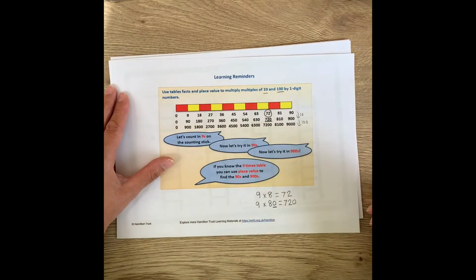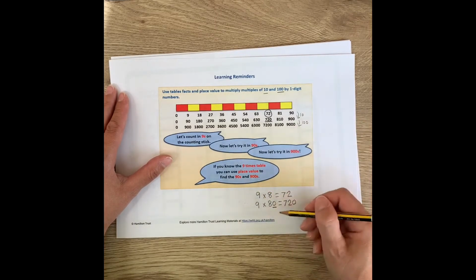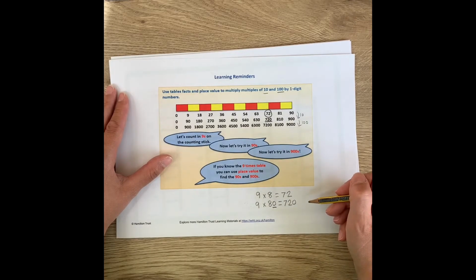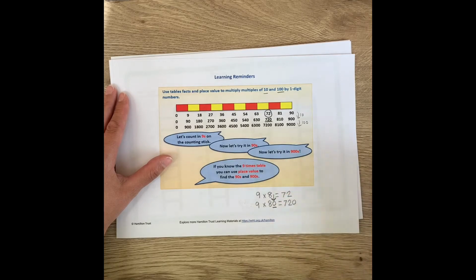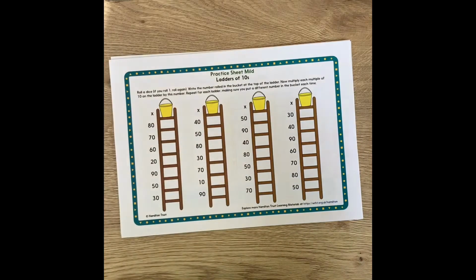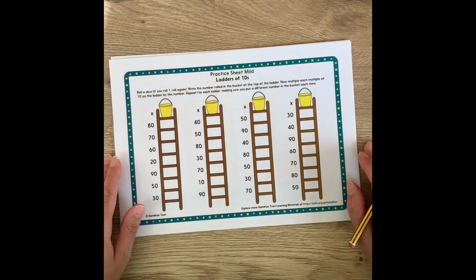Now, if you will remember rightly, we have used the SMILE method to help us to work out multiplication sentences which end in multiples of 10 or of 100. That can help us out, and I will show you what I mean by the SMILE method in a moment.